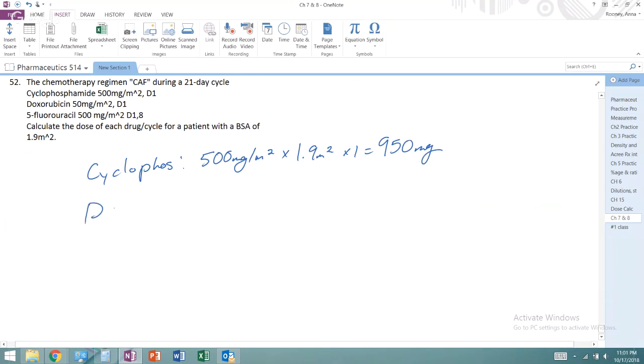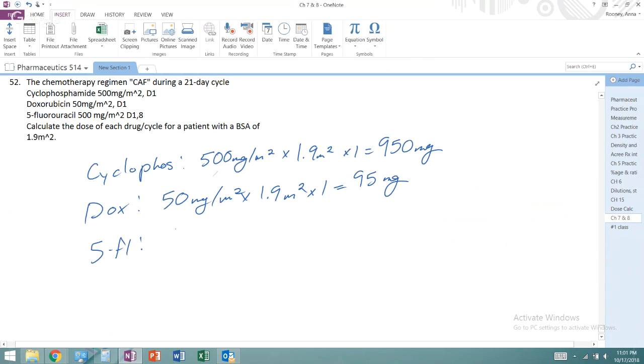And then dox is 50 milligrams per meter squared times 1.9 meters squared times 1 day as well. That is only 10% of this. So that goes into that 10 times. So this is 95 milligrams. We don't even need to calculate it. Just look right away.